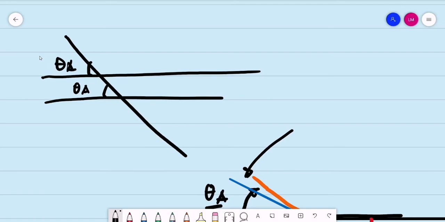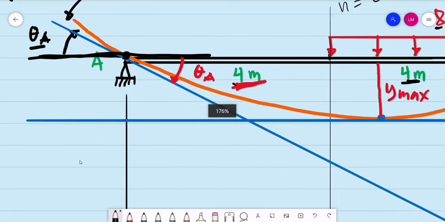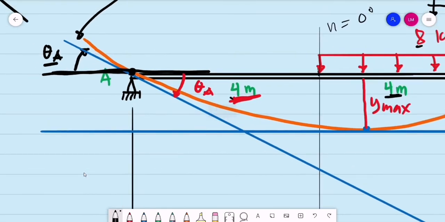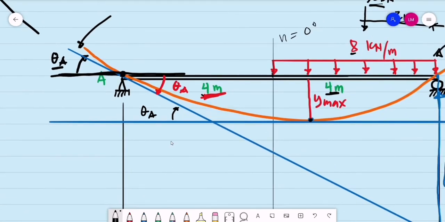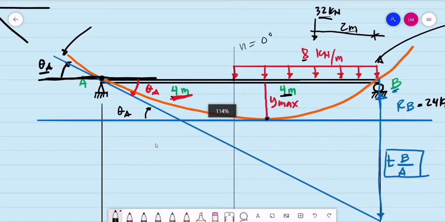So therefore, if we consider this angle that is tangent at the point where we have the maximum deflection, this is the same as the rotation at A. So we have the same angle as the rotation at A, considering these two tangent lines.